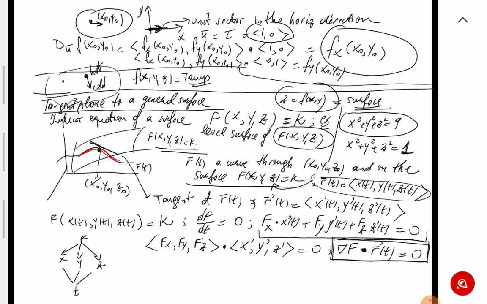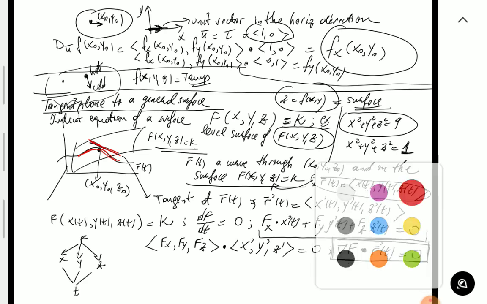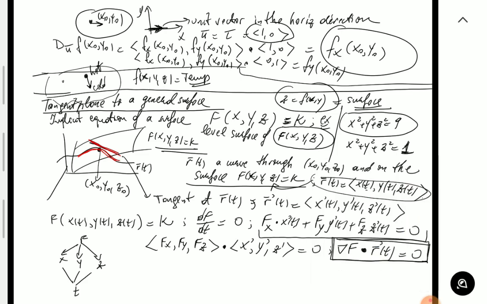And then let's sketch the tangent to it in red again. Now, what do we know about two vectors whose dot product is equal to 0? Geometrically speaking, it means they are orthogonal. So the gradient of big F and that tangent vector are perpendicular.